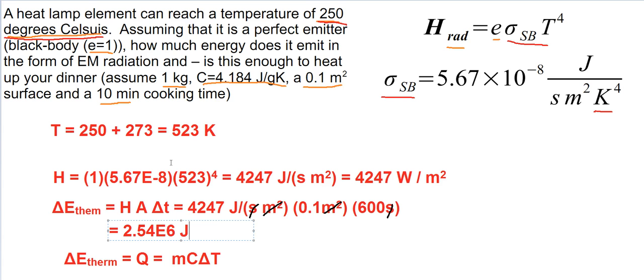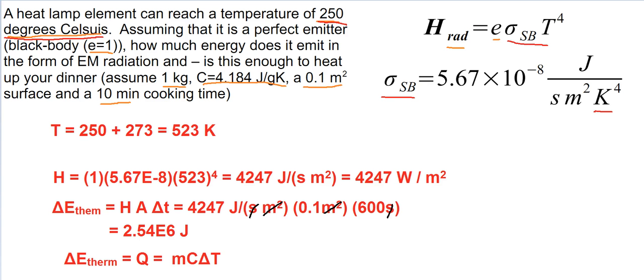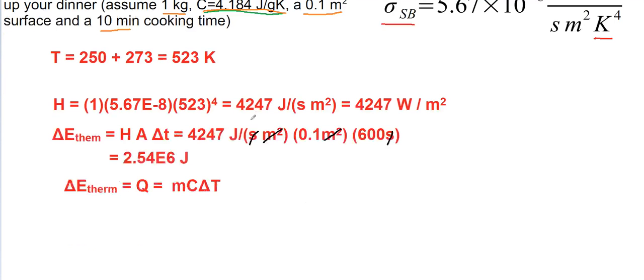Now, with that being said, what we're going to use this for is to figure out the change in temperature. So at the bottom here, we have our thermal energy is equal to the mass times the heat capacity times delta T. We have the heat capacity up here, so it's just a matter of putting things together.